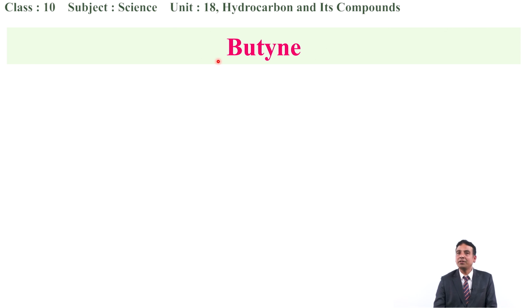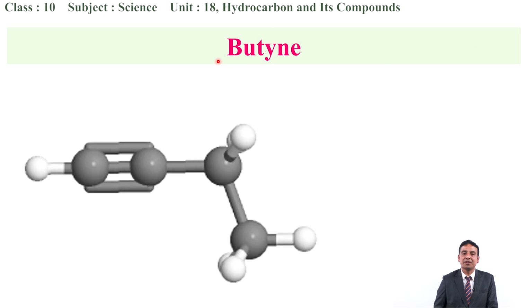In the same class, that means alkyne, I am just taking another example, that is butyne. What does this "yne" represent? Can you say? Yes, "yne" represents the triple bond between the carbon atoms. Have you seen the triple bond? Yes, obviously. First, second, third.